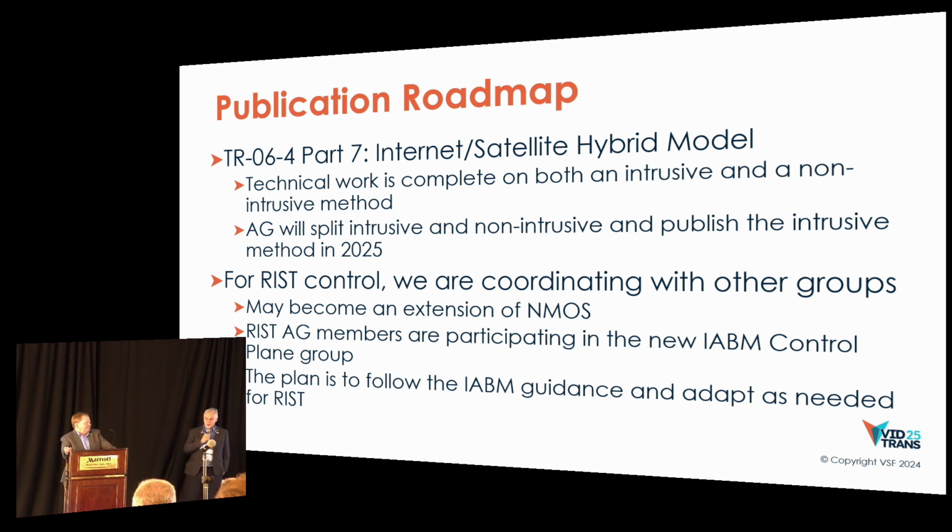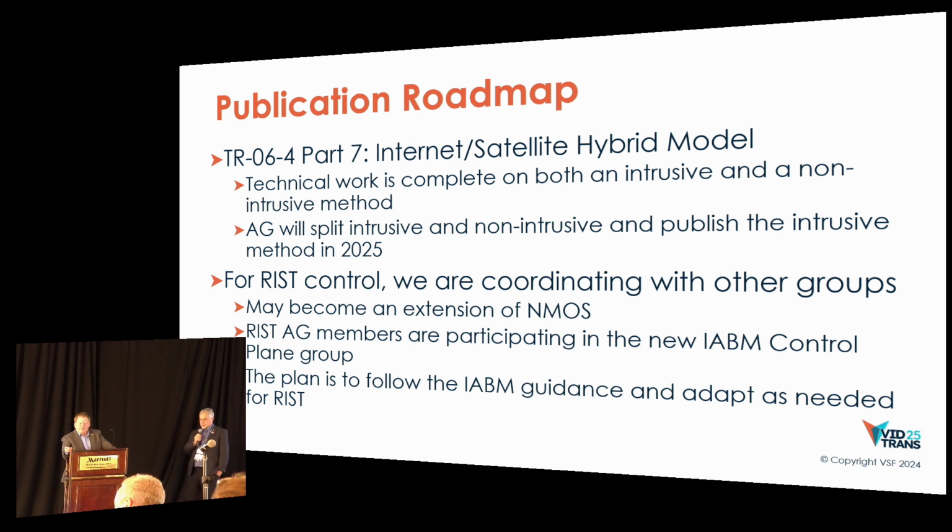So part 7 is coming, which is the thing that Rick talked about, the internet satellite hybrid model. There are 2 modes of operation, an intrusive and a non-intrusive. In intrusive, you inject data into the satellite stream; in non-intrusive, you don't, essentially. There are some issues, and we'll publish the intrusive first.